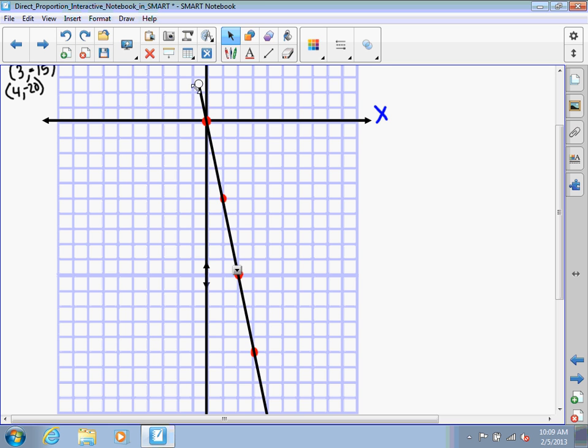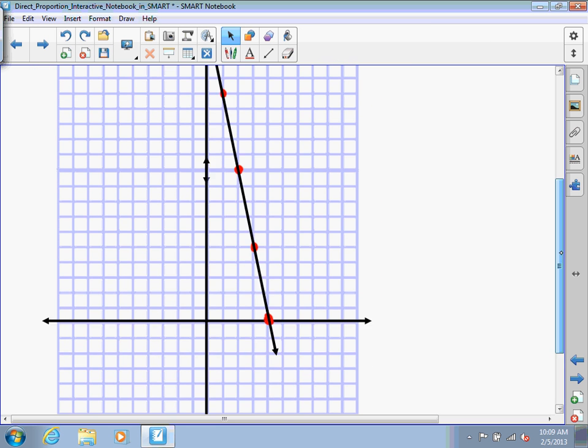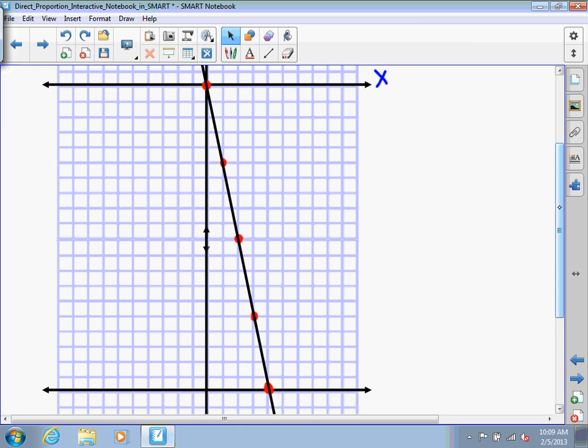Okay, well, if you plotted something incorrect, you go back there and plot it again. It should line straight up like mine. It's a straight line. But you have arrows on both ends of your line.